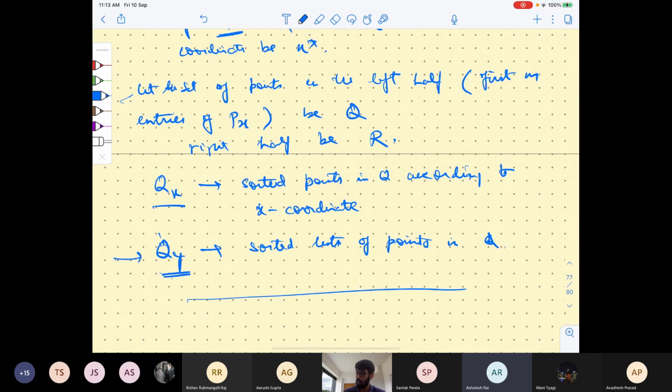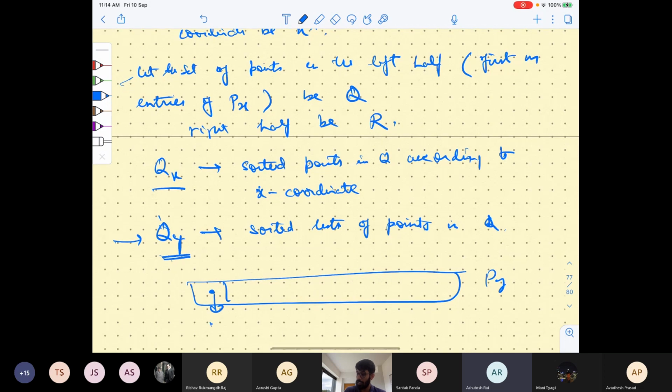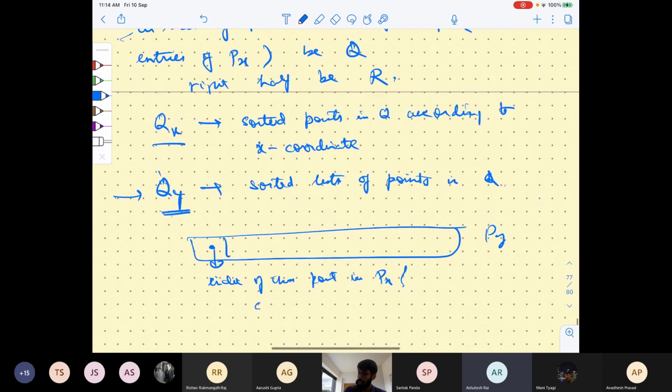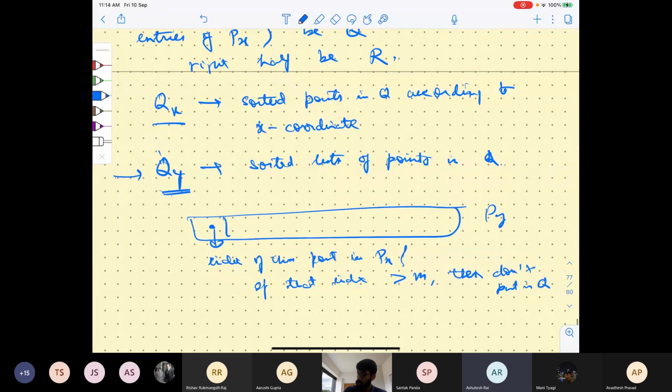So you have this array, which is Py. You go to a point and see, okay, what is the index of this point in Px? If that index is more than m, then you don't put it in Q, it is in R. And if that index is less than or equal to m, then you put it in QY, since we are constructing QY.